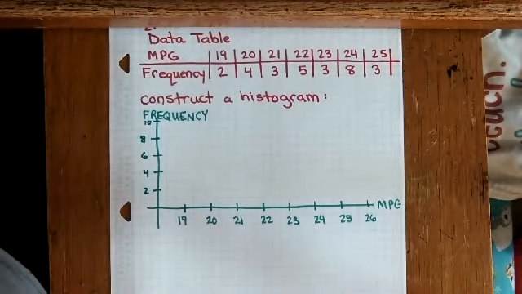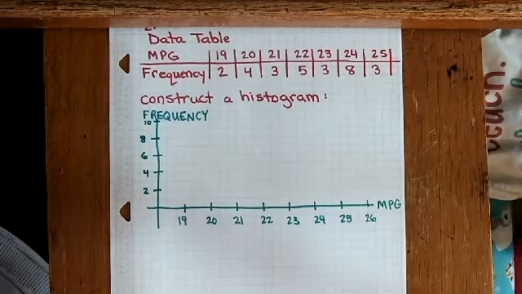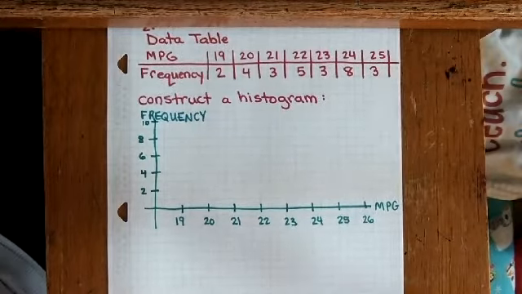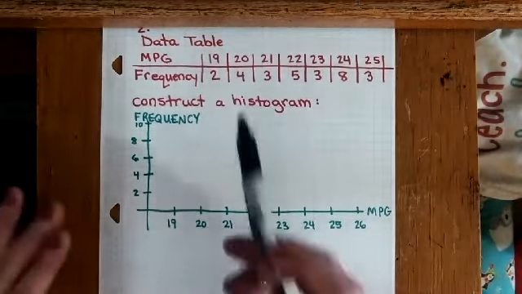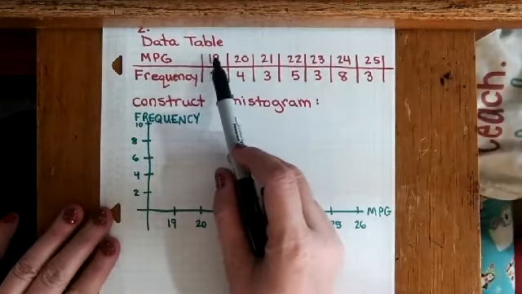Now, this time what we're going to do is we're going to allow the bars to touch, because in a histogram, we're trying to talk about data that is numbers.